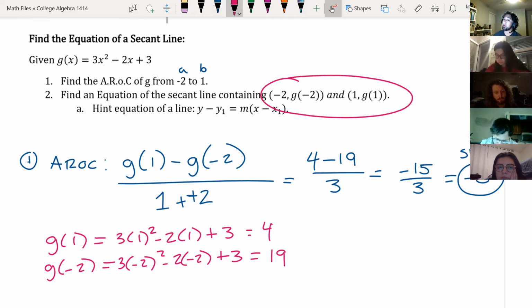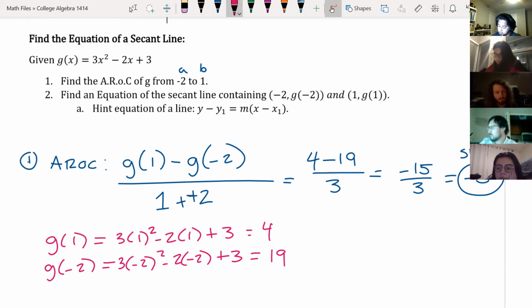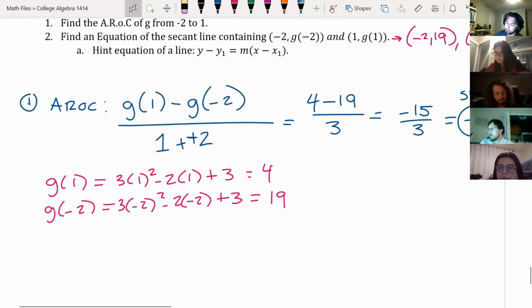Did we already find out what g of -2 and g of 1 are? Yes. So let's go ahead and fill those out. I'd have a point at -2 and 19, and then 1 and 4.